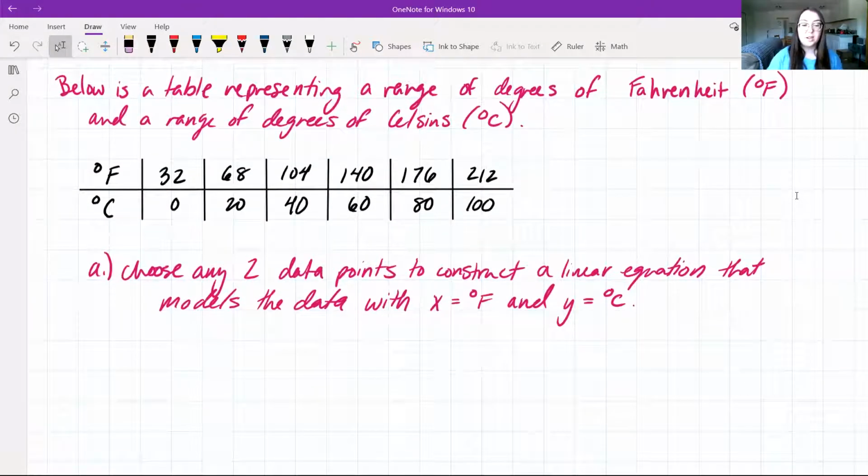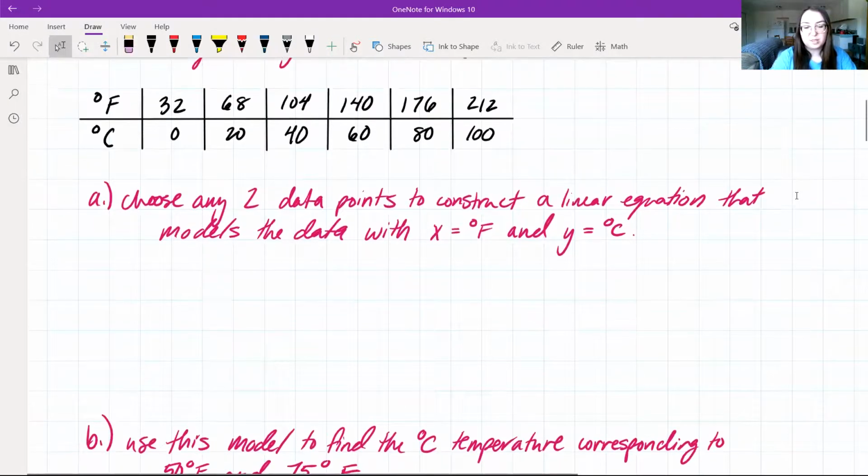We only have to choose two data points, so we can choose any we want. But I'm going to pick the very first data point and the very last data point, just so we get an idea of all the different data points in between. We know that x will be Fahrenheit and y will be Celsius, so we can create our first and second points.